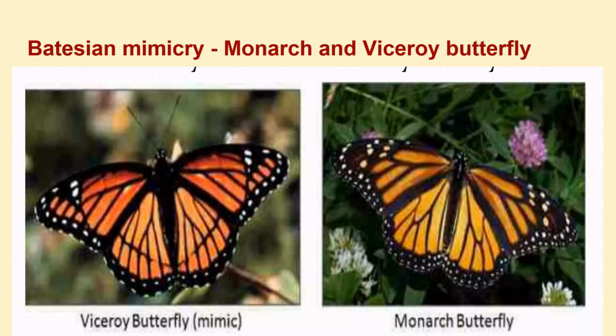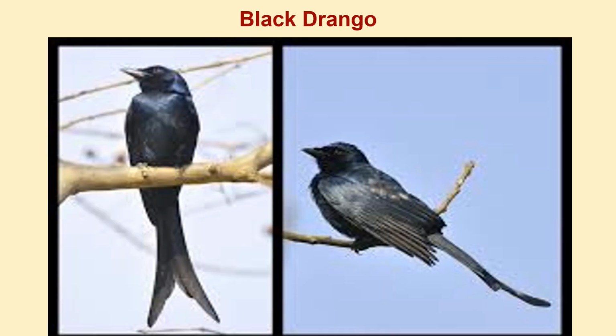The model is non-palatable and the mimic is palatable. Another example is the black drongo. It is distasteful and aggressive. It is a savanna-inhabiting species and is often found in company with the black flycatcher. The black flycatcher is palatable and hence is a mimic species.